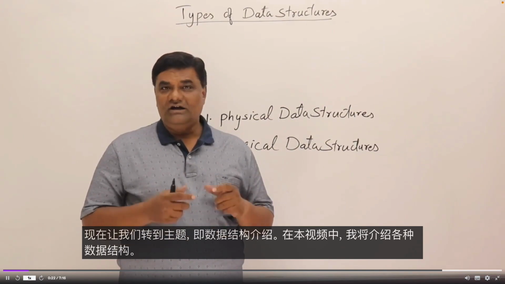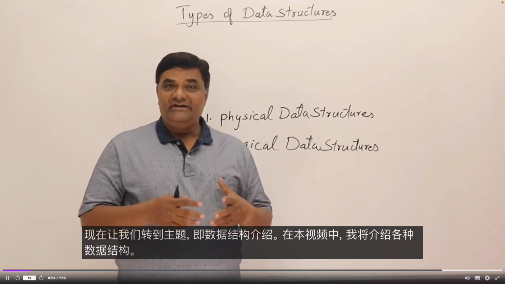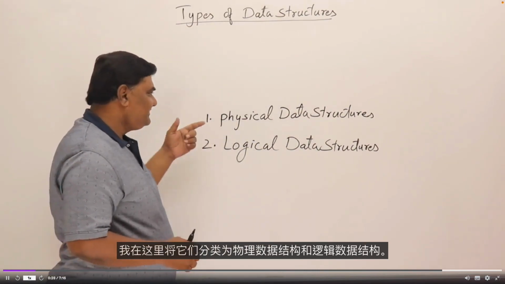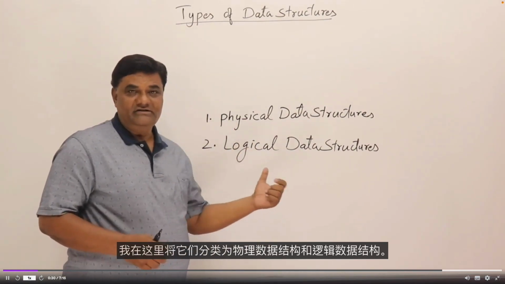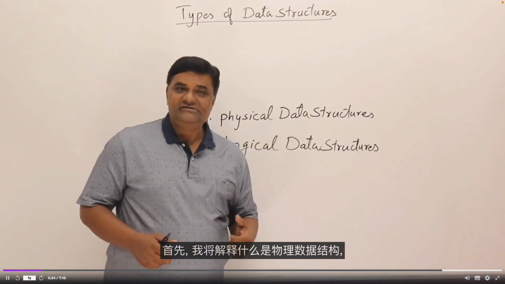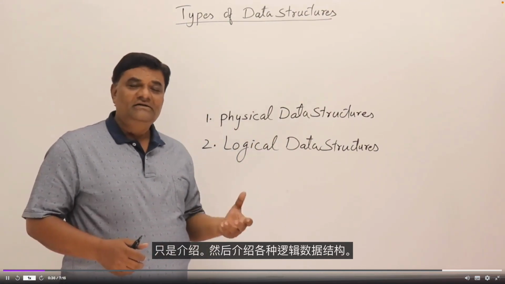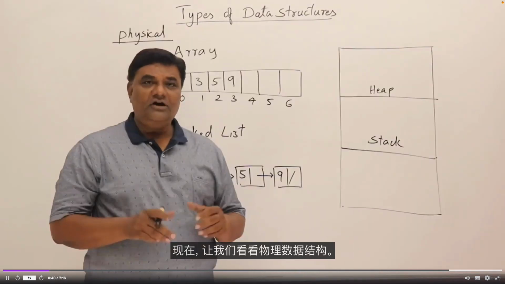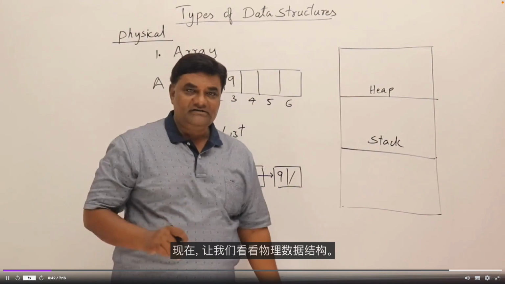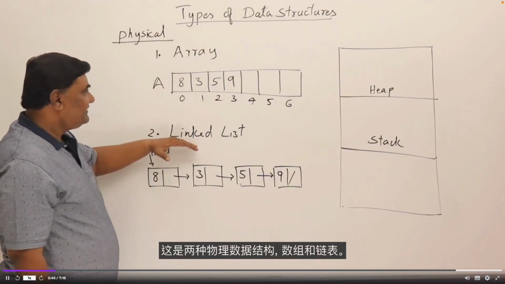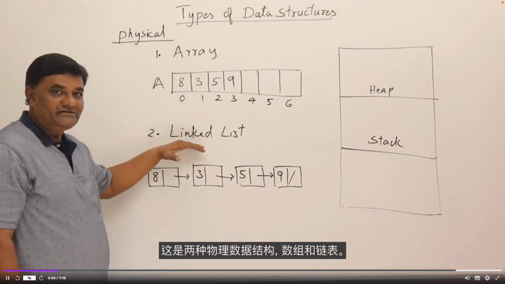In this video, I'll be giving an introduction to various data structures. I have categorized them here as physical data structures and logical data structures. First I'll explain what physical data structures are, just the introduction, then an introduction to various logical data structures. Now let us look at physical data structures. These are the two physical data structures, array and linked list.